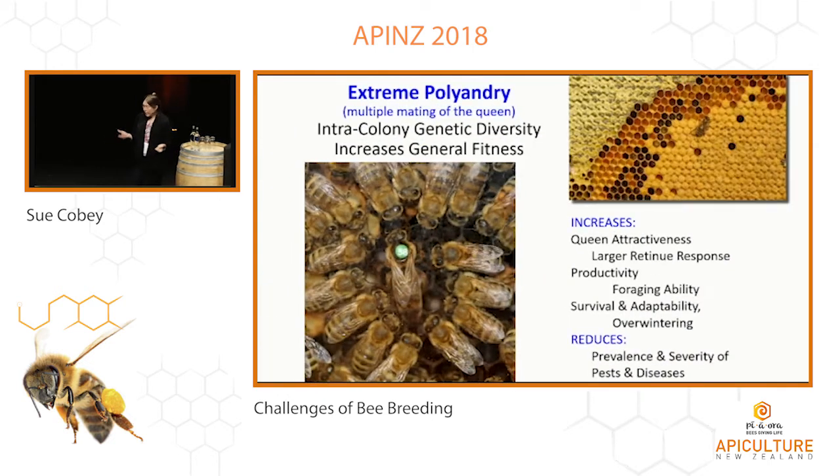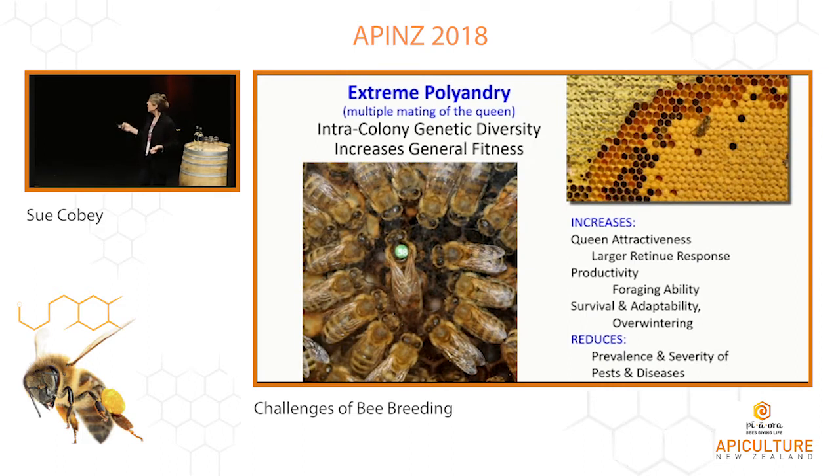How well the queen mates, extreme polyandry, the many drones she mates with, the bees perceive how well mated she is. The more drones she mates with, the fuller her spermatheca, the more attractive, the better fed she is, the better cared for she is, and the better she can contribute to the colony fitness. I'm going to go through these kind of fast because of time.